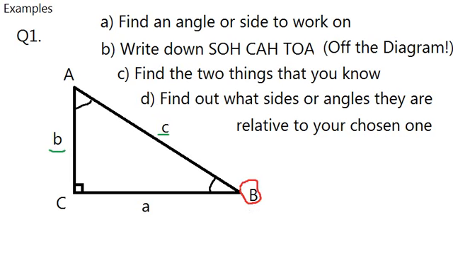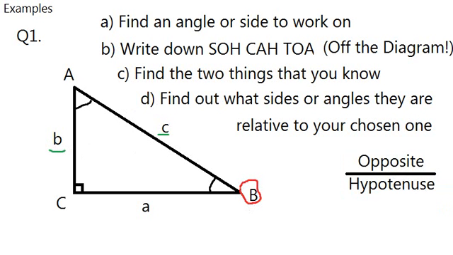So you should get some trigonometry rules that fit opposite over hypotenuse, and yet there's only one, which is in fact sine.